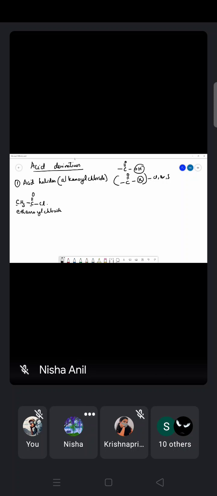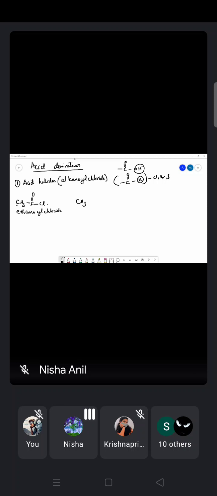Normally, in textbooks, in synthesis, or any type of description, they use the common name sometimes. So this is ethanoyl chloride, or we call it acetyl chloride. That is a common name. You just write down the IUPAC naming.